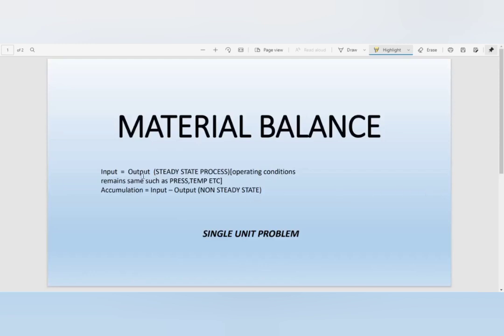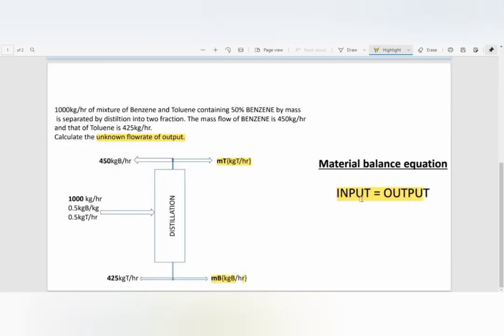If temperature and pressure were given, we would solve it a different way using the accumulation equation for unsteady state. But as there is no information regarding temperature and pressure, we will apply the material balance for steady state, using input equals output for our system, the distillation column.